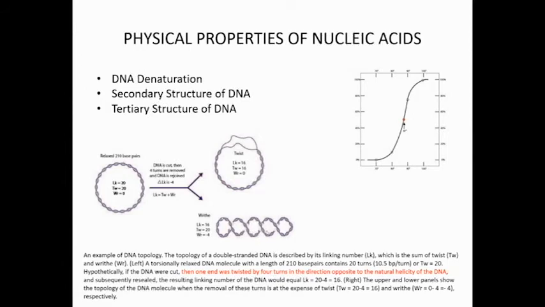In this case it is right-handed. If you turn this to the vertical position, you will see it is right-handed, so the writhing number is negative: minus 1, 2, 3, 4. So the writhing number is minus 4, and the linking number will be 20 minus 4, which is 16.